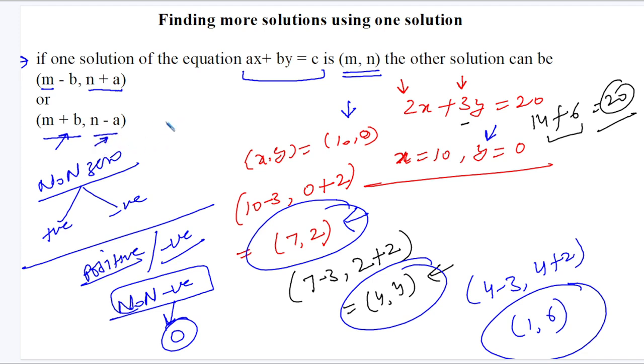It depends on what kind of solutions you are looking for: negative solutions for x and y, only positive, or whether zero is allowed. Depending upon that, you will decide whether to add or subtract b. One will be added and the other one will be subtracted.